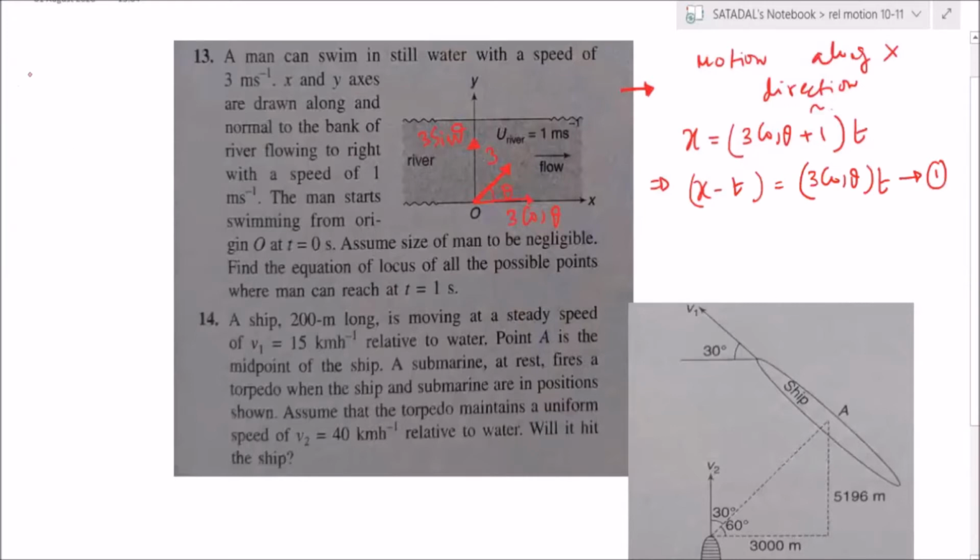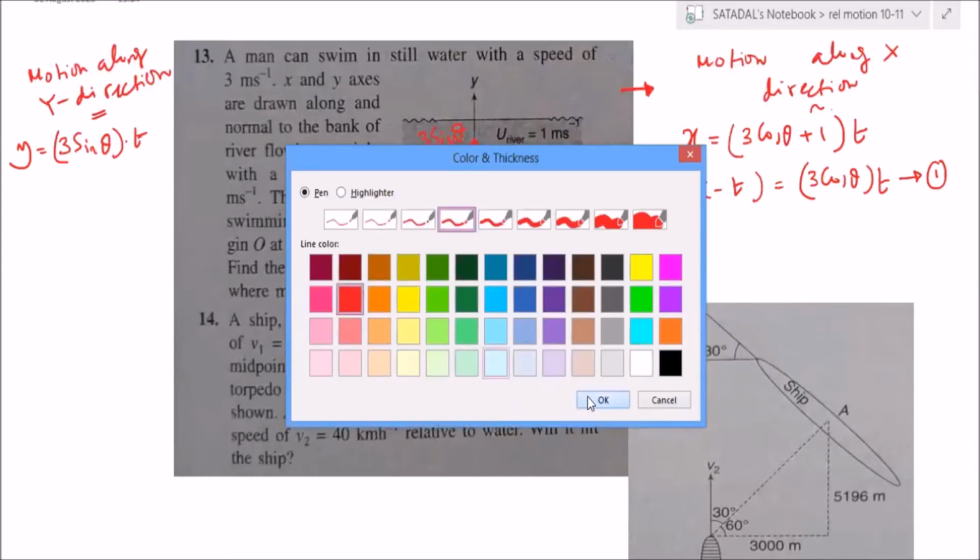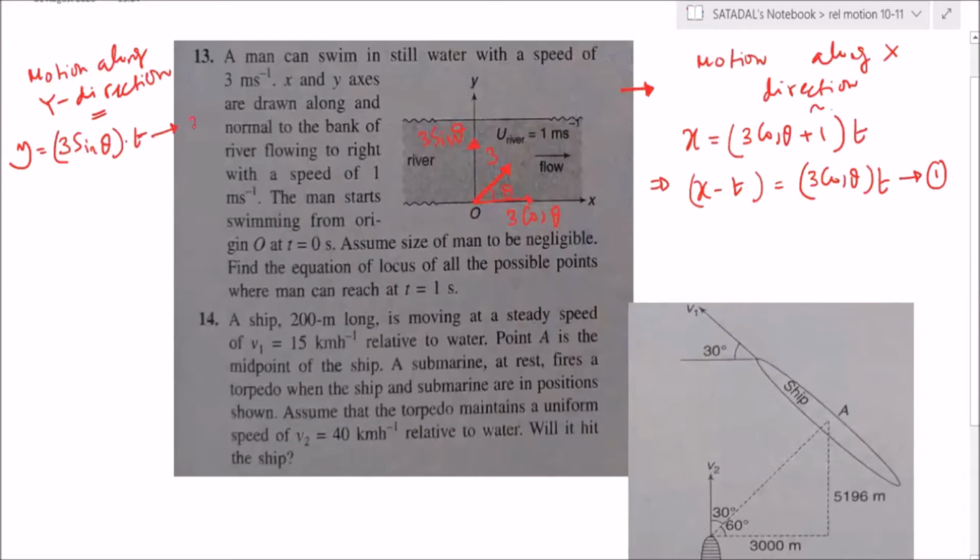Similarly, we can do the motion along y direction. For motion along y direction, we can write y is equal to 3 sin theta into t, right? Need not write twice, once is enough. So let us say this is equation number 2.